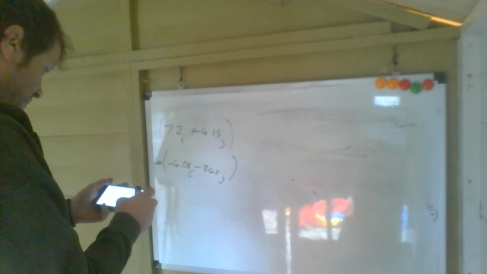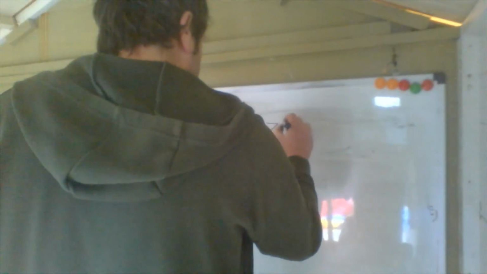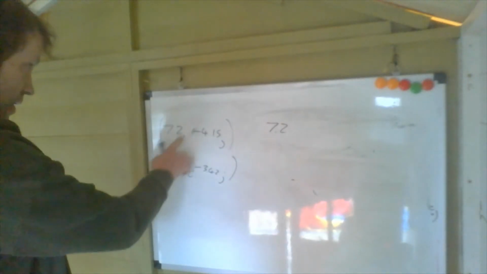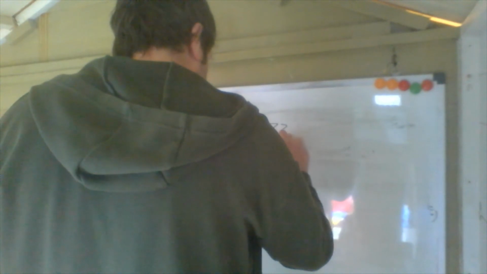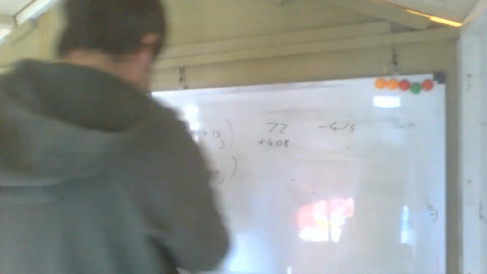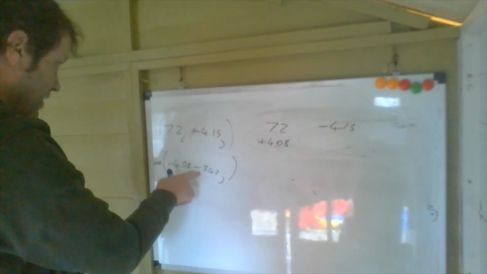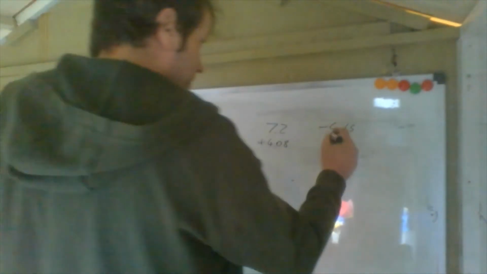That's 7.2, and you're saying minus, that's plus then, so that's going to be plus 4.08, and this bit here is minus 4.15, and minus the 3.42 j becomes plus 3.42.